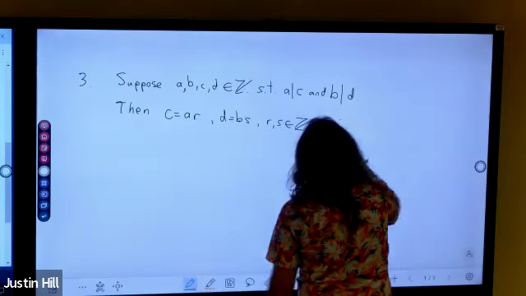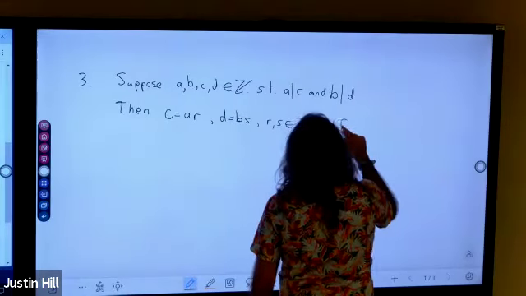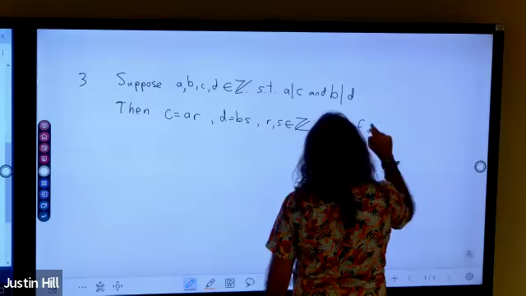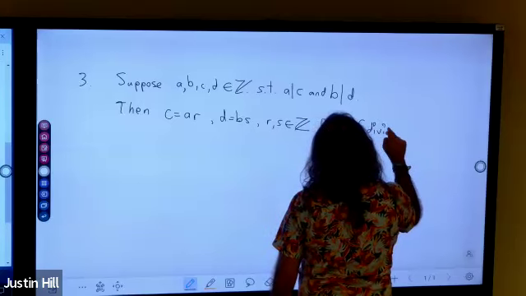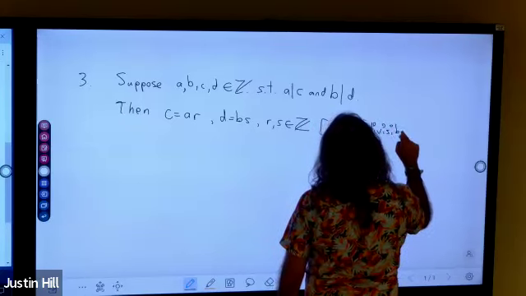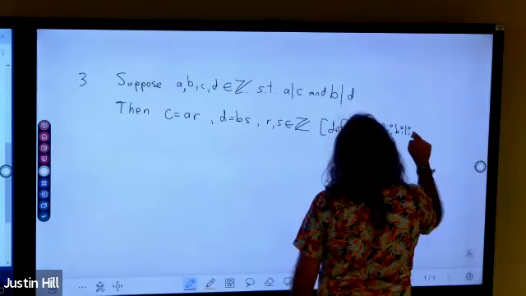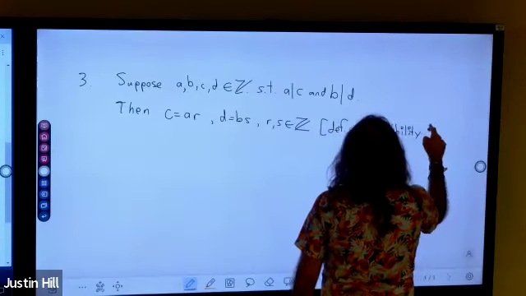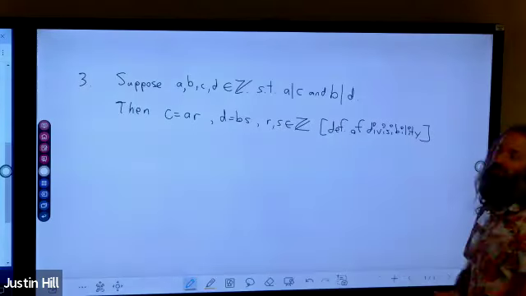And this is the definition of divisibility.